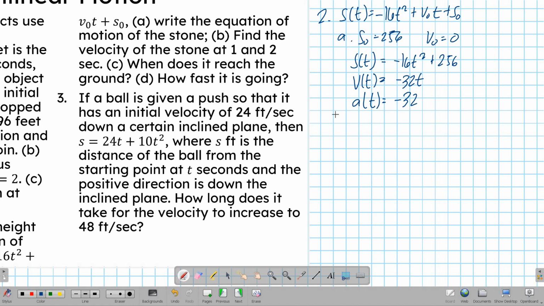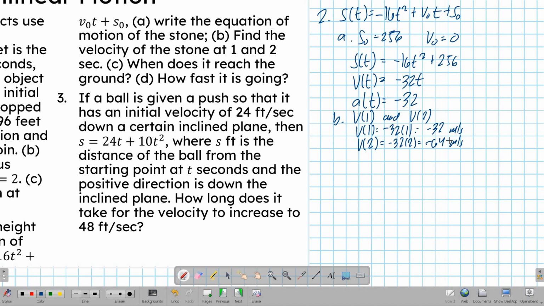So that's A. In B, we're asked to find the velocity of the stone at 1 and 2 seconds. Just like what we had a while ago, v sub 1 would be negative 32 times 1, that would be negative 32 meters per second. And the second one is negative 32 times 2, so we have negative 64 meters per second.